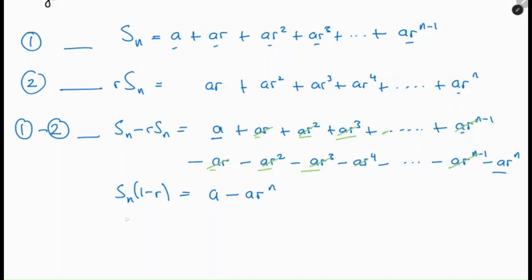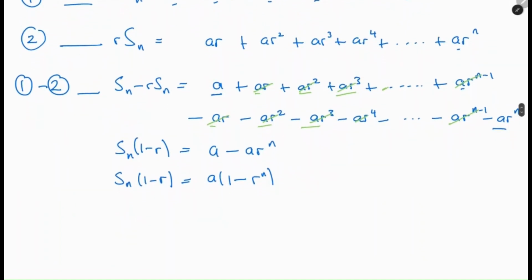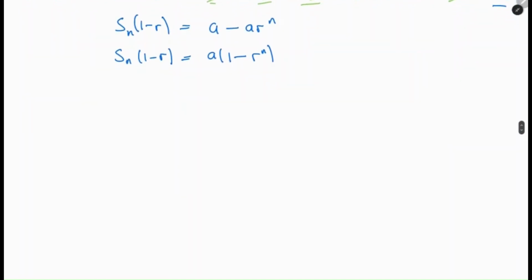Okay. Now remember, what I want is a formula for Sn, so I need to isolate Sn. I'm going to write the left hand side again like this, and then take out the common factor of a on the right hand side. And then to get Sn alone, I'm going to divide both sides by this factor here, 1 minus r.